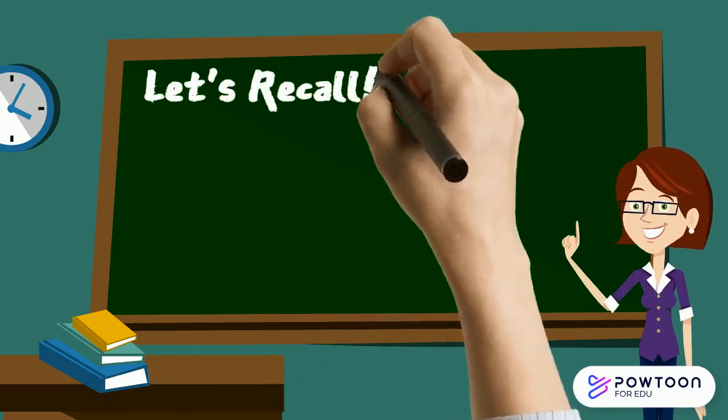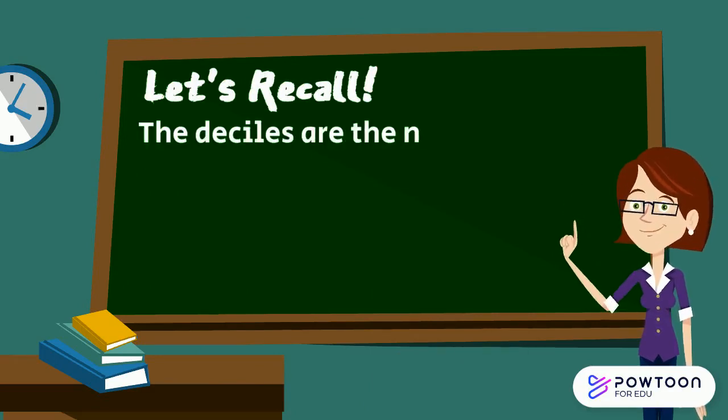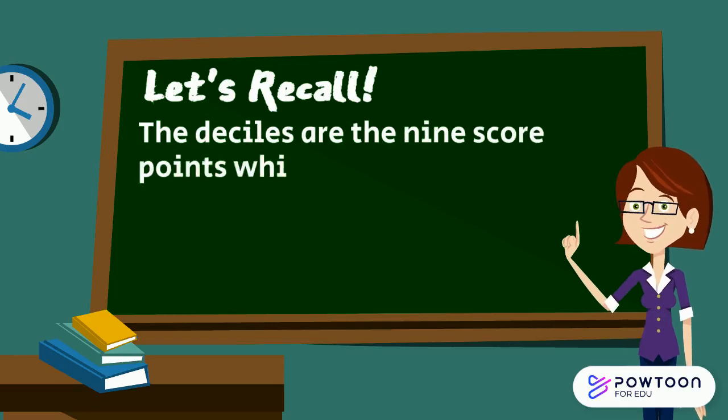Before we start with our lesson, let's recall your past lesson about deciles. The deciles are the 9 score points which divide a distribution into how many equal parts?